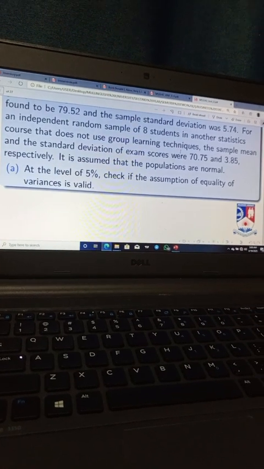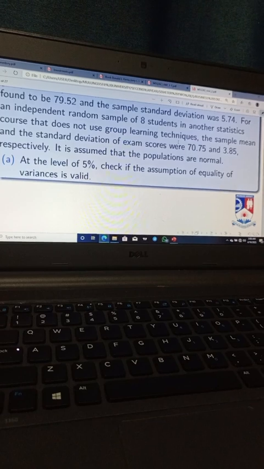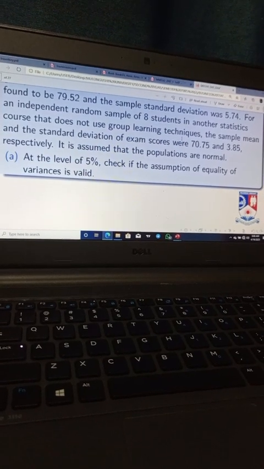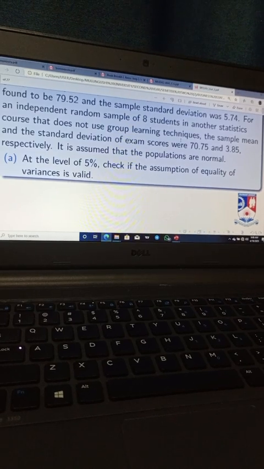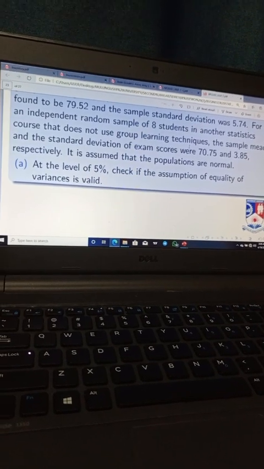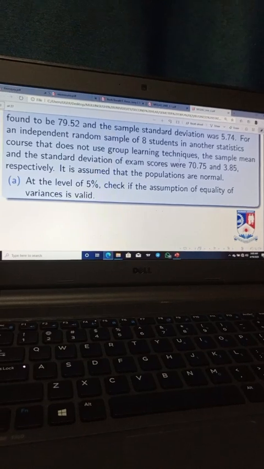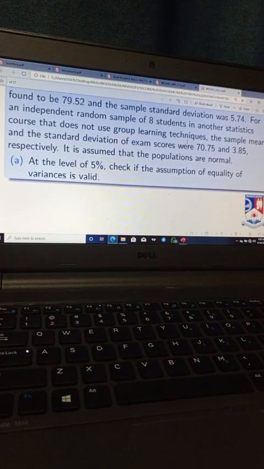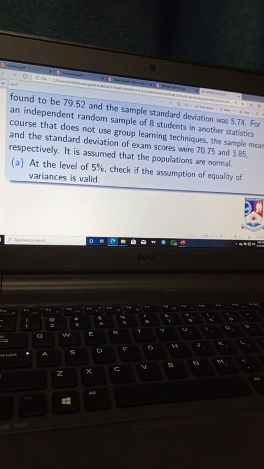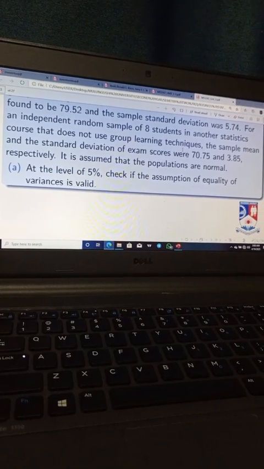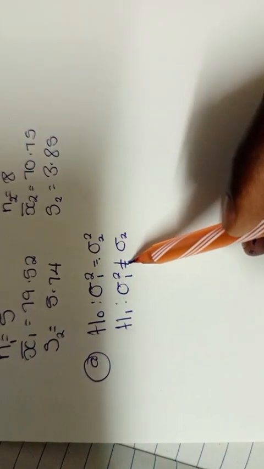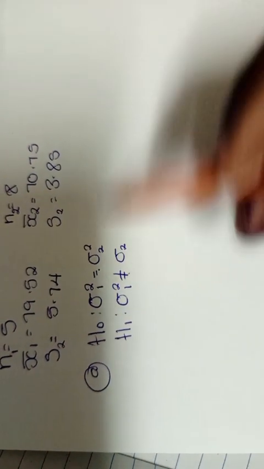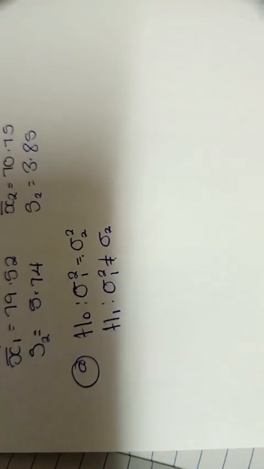Meaning H naught, the null hypothesis, is where variance 1 is equal to variance 2, because they said we should test for equality, and the alternative will automatically be not equal to. So these are both the null hypothesis and the alternative hypothesis. So this is what we have for our studies.